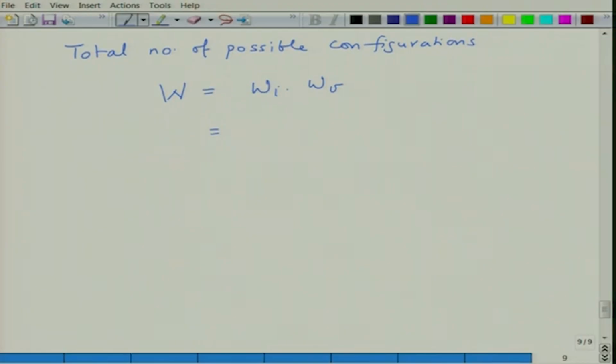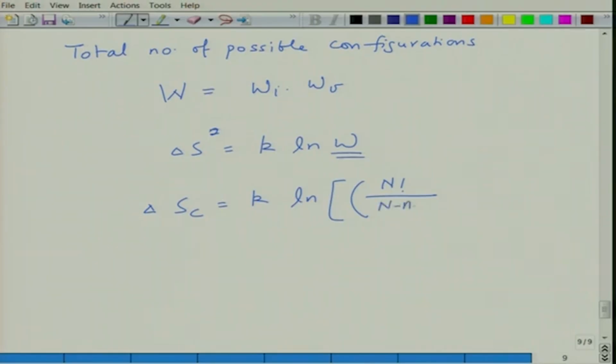If you do that, delta SC is nothing but k ln W, and you replace this W in this form. What you will get is delta SC equal to k of ln factorial n divided by factorial n minus ni, factorial into ni factorial into capital N factorial into nv factorial.